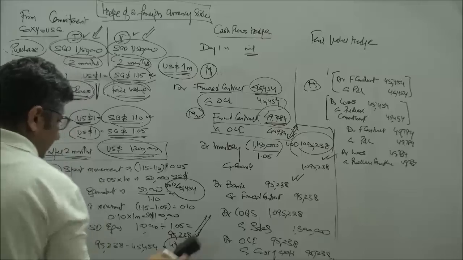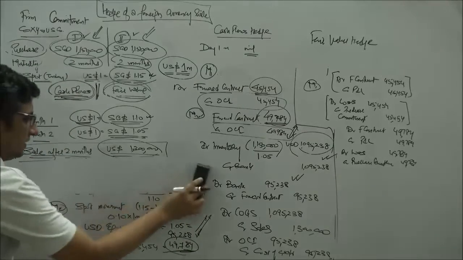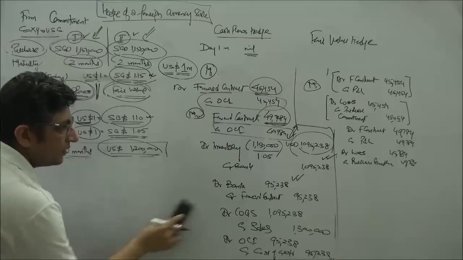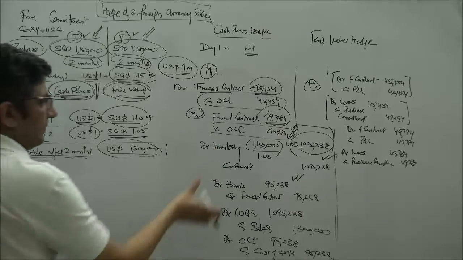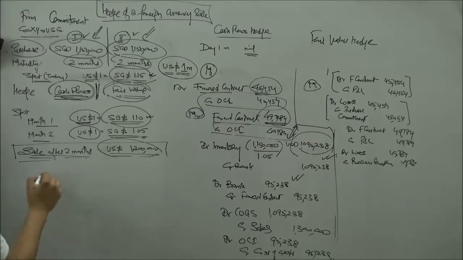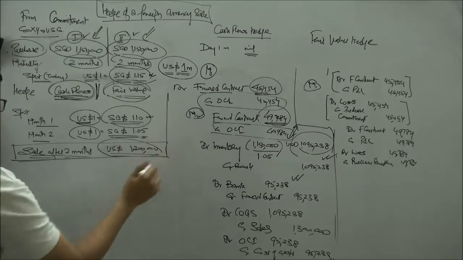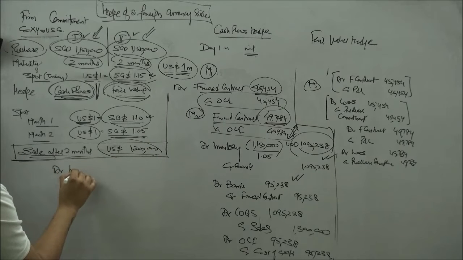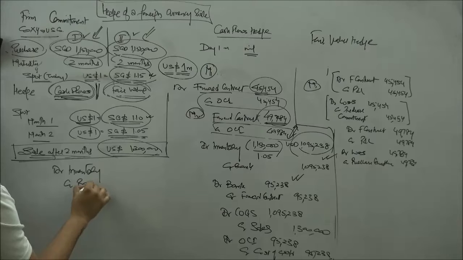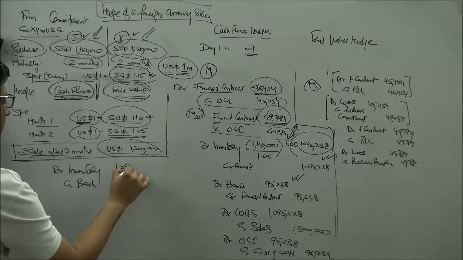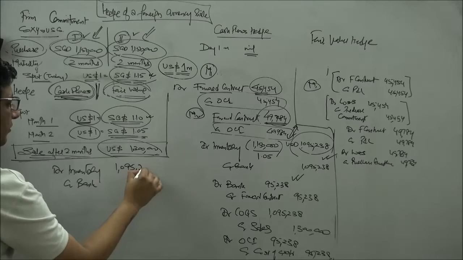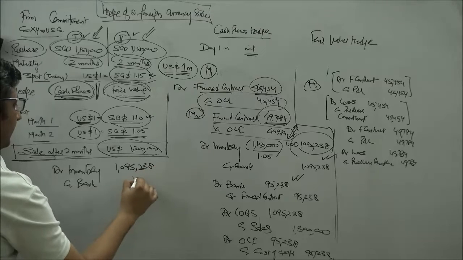We don't need this information anymore, just to bring that mirror image. So this inventory remains pretty much the same. Debit inventory, credit bank 1095238.